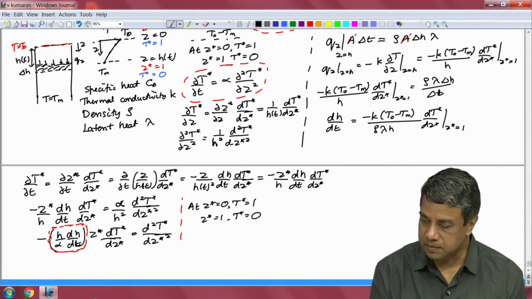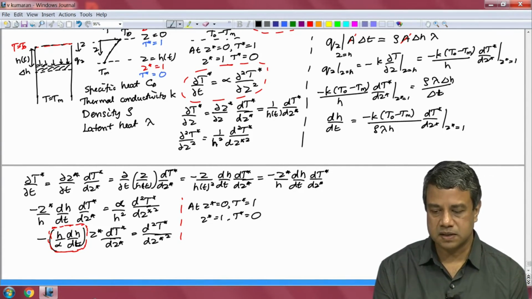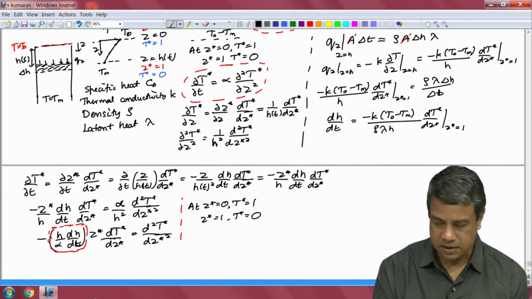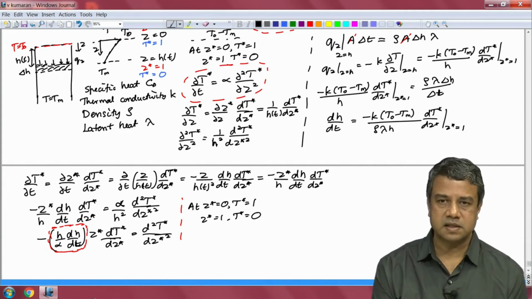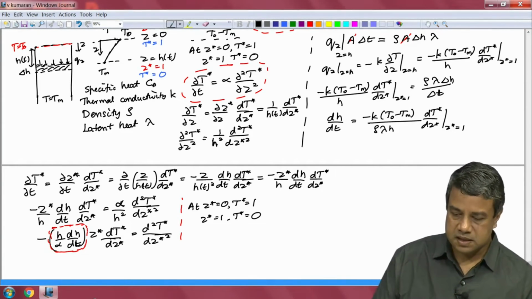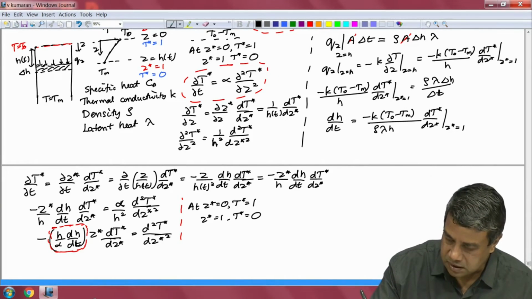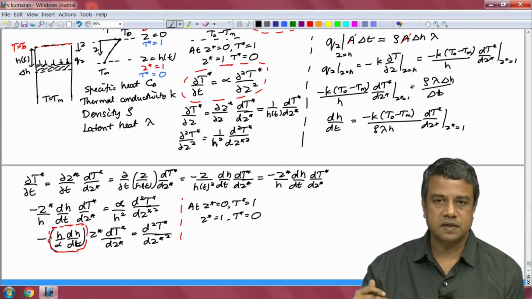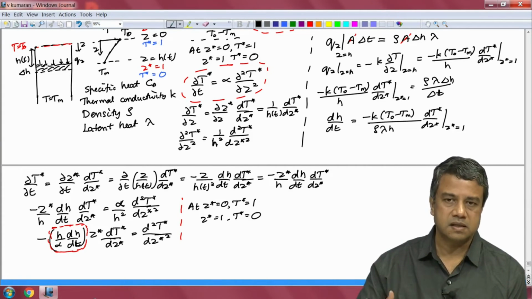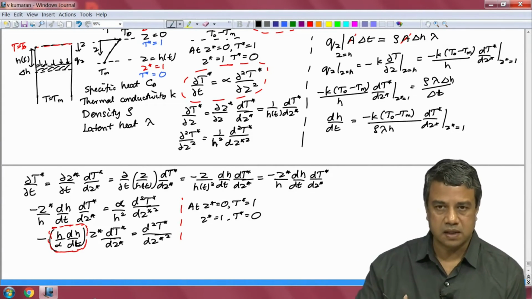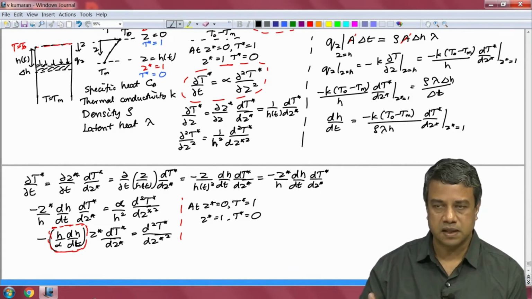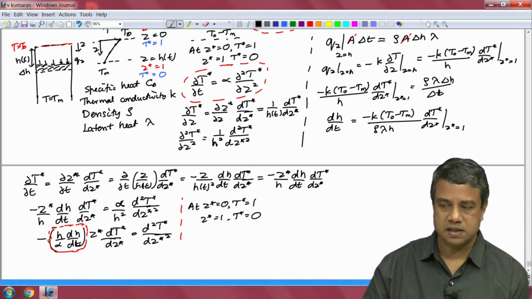Note that dT by dz at z equal to 1 is a negative number. The reason is that the temperature decreases as z increases. I had said that the temperature is higher at this surface and lower at the interface, because that temperature difference has to result in a transfer of heat flux to the interface. So, the temperature gradient is negative, because temperature has to decrease as z increases.